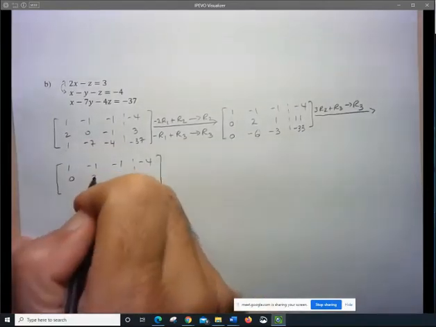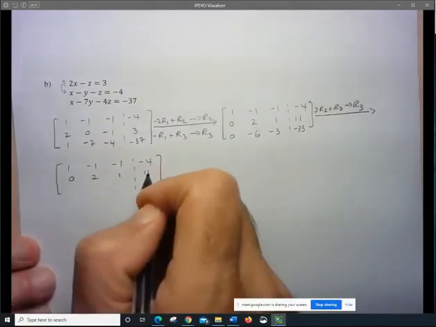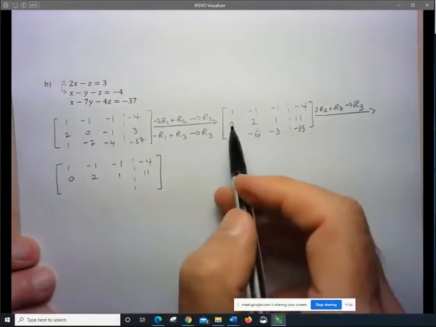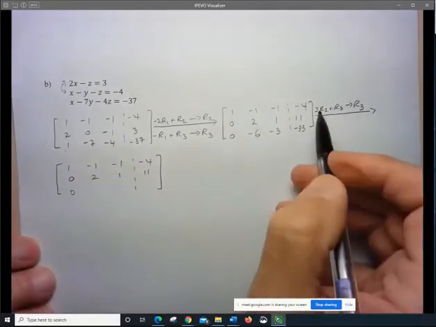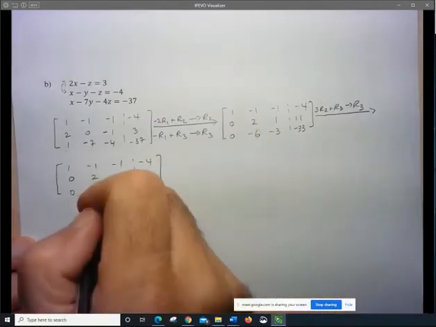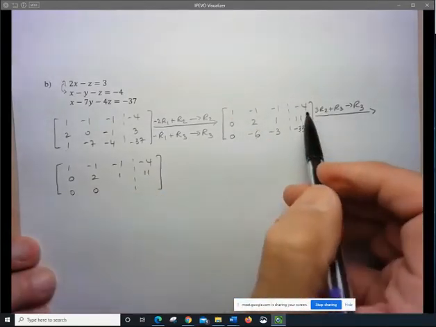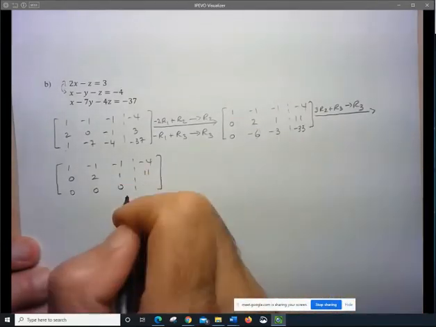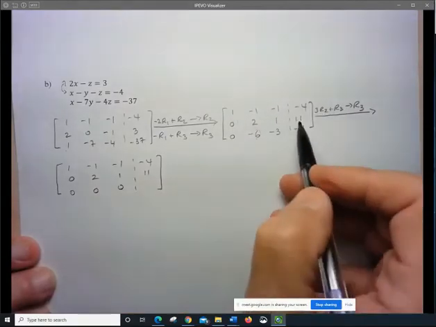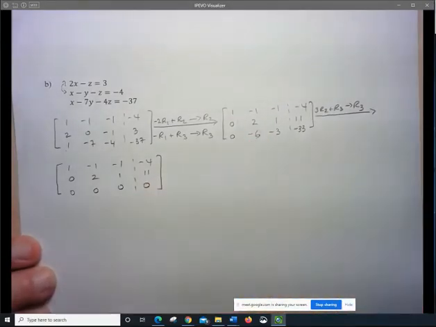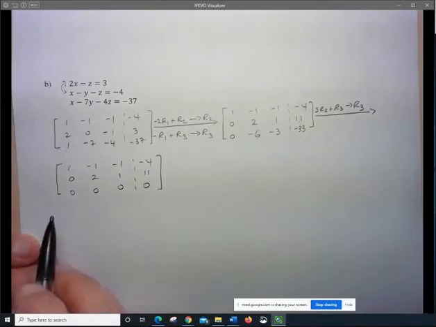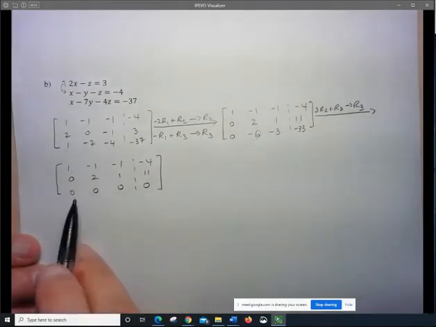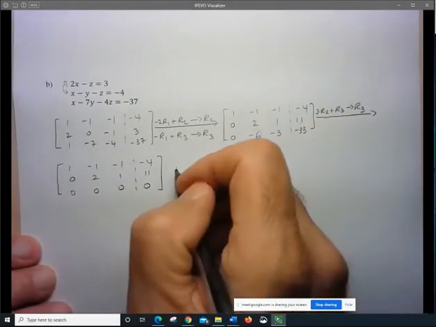The second row doesn't change. And the third row, obviously 0 plus 0 is still 0. Here we have 6 minus 6, 0. Here we have 3 minus 3, 0. 33 minus 33, 0. What does that mean? What does row 3 tell me?